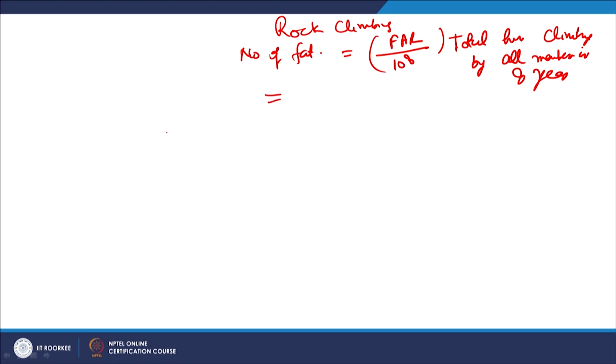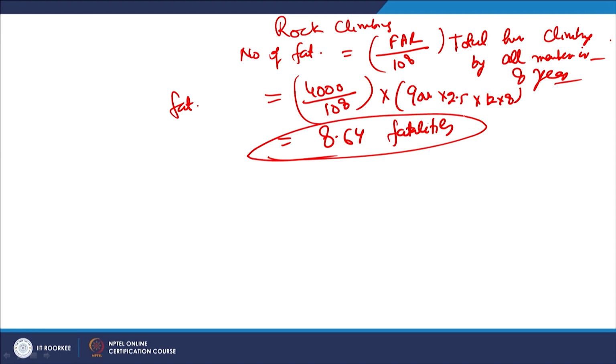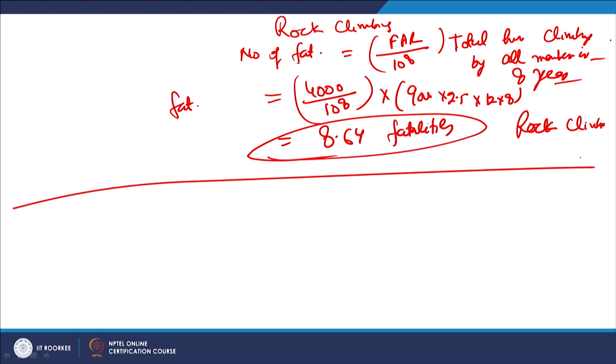So, these fatalities come out to be 4,000 into 900 into 2.5 into 12 into 8. So, we have utilized all these statistical data, and it comes out to be 8.64 fatalities. This is attributed to rock climbing. Now, let us have a look at the road accident.